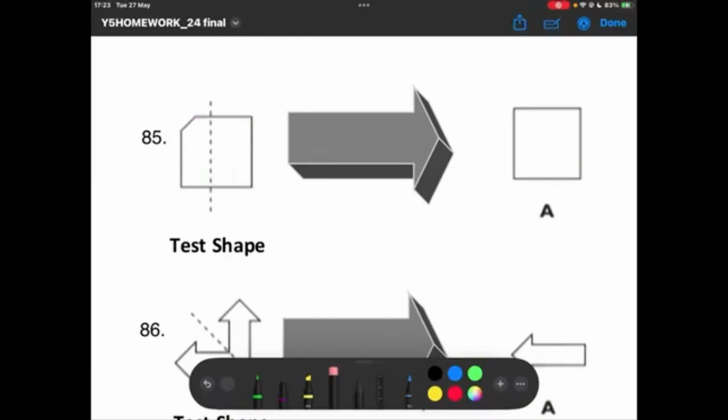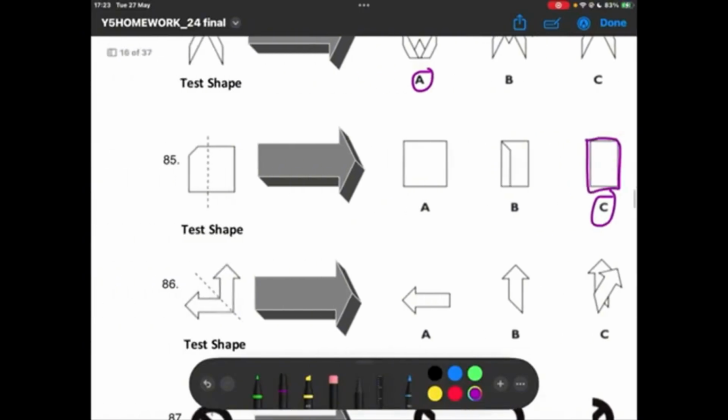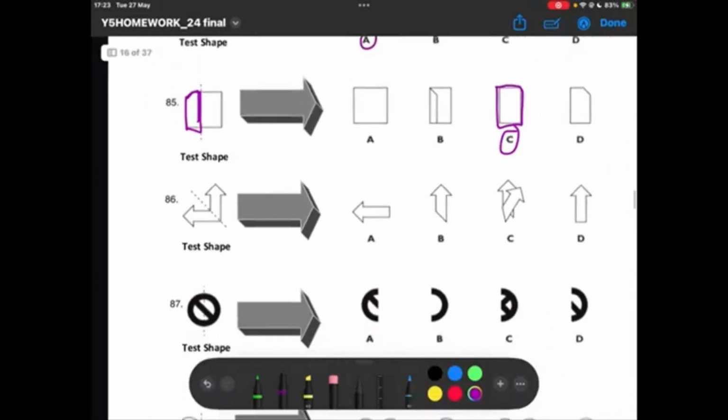You'll just see a rectangle. So the answer is C. You're not going to see any of this bit here.